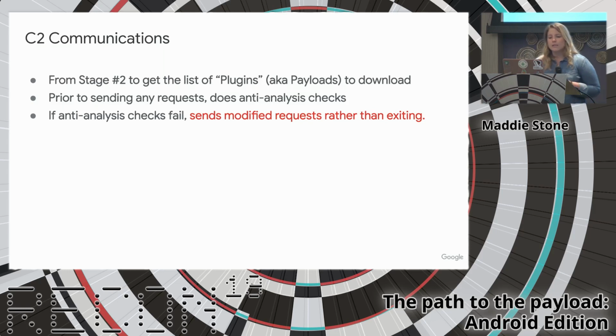So from stage 2, they interact with the command and control server in order to get the list of plugins, but prior to sending any of those HTTP requests, they do anti-analysis checks. But what sets them apart is they do not exit if they detect they're being analyzed. They send a modified request instead, which sends a still malicious payload, but not that malicious.